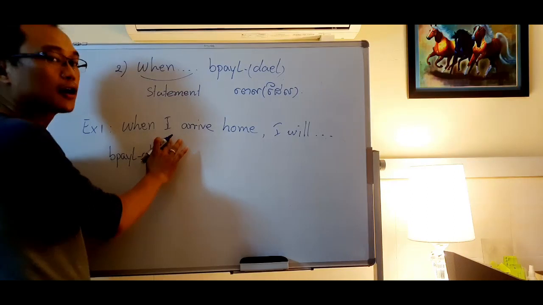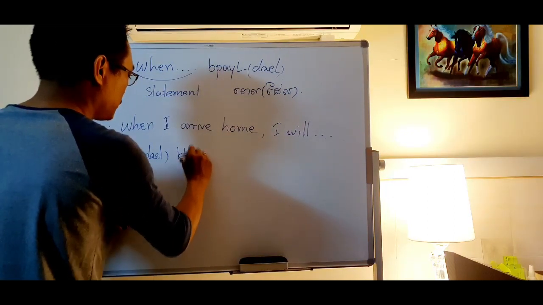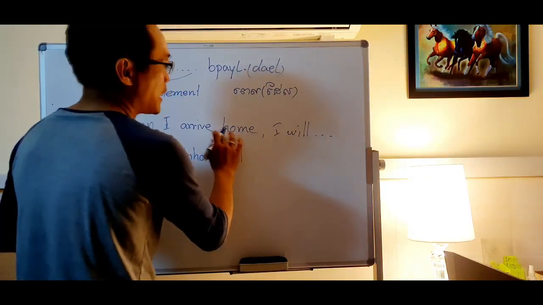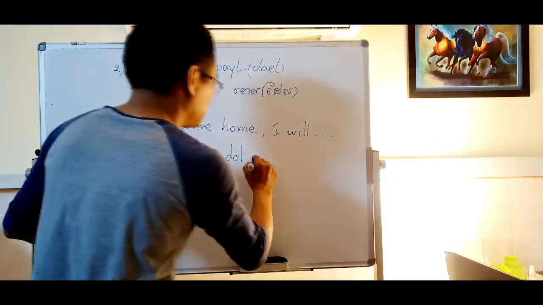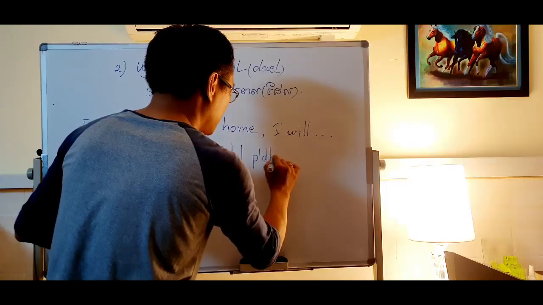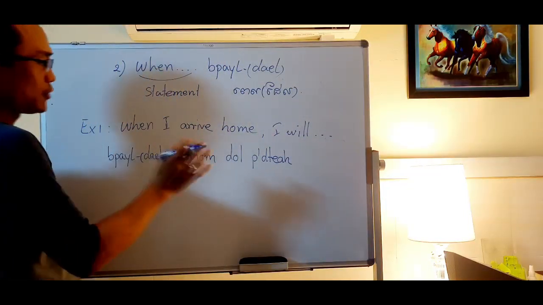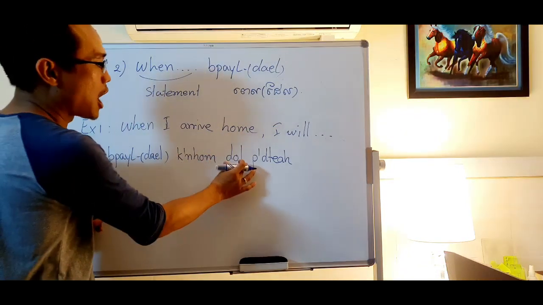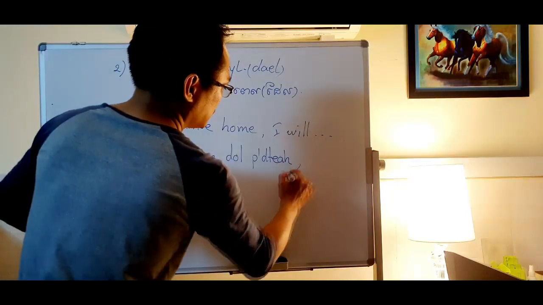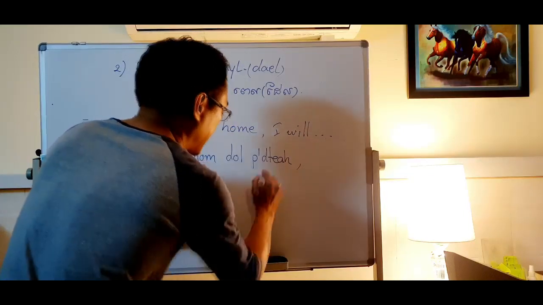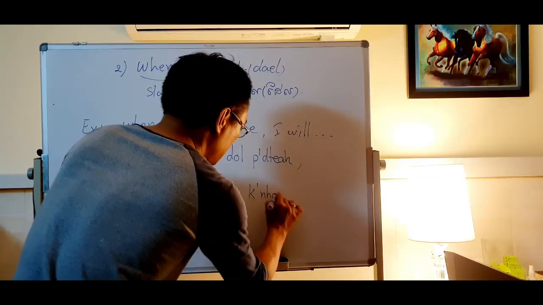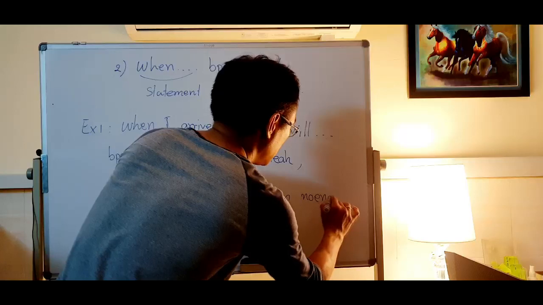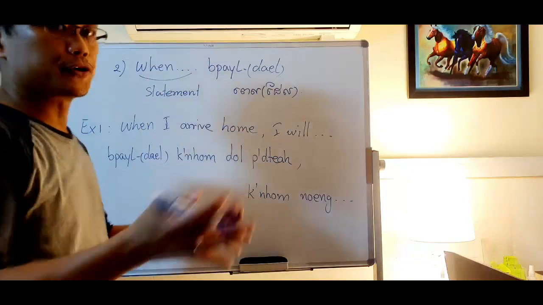I, ខ្ញុំ. Arrive, ដល់. And home, ផ្ទះ. So first sentence first. ពេលដែលខ្ញុំដល់ផ្ទះ, and then I write down here, I again, ខ្ញុំ, and then will in Khmer we say នឹង, and then blah blah blah, maybe I will cook or I will call you.